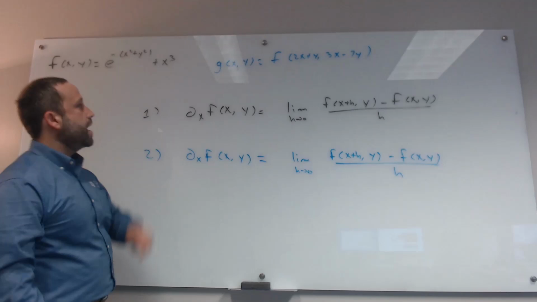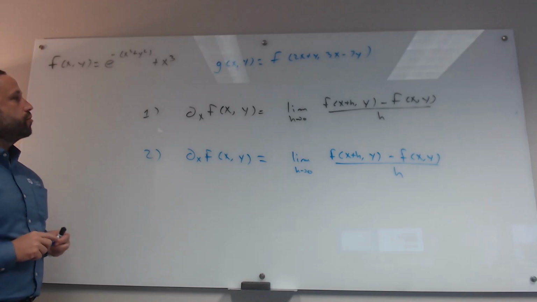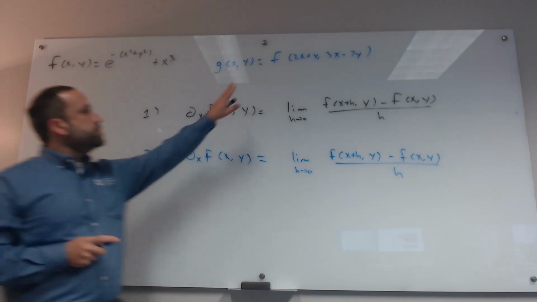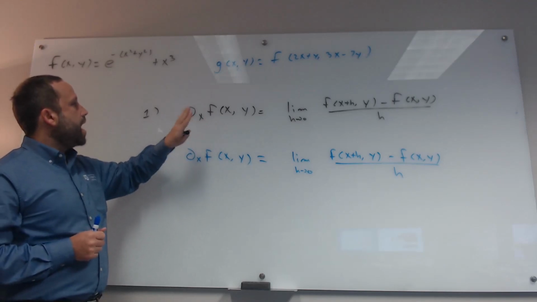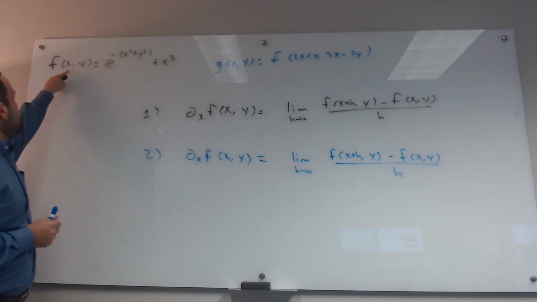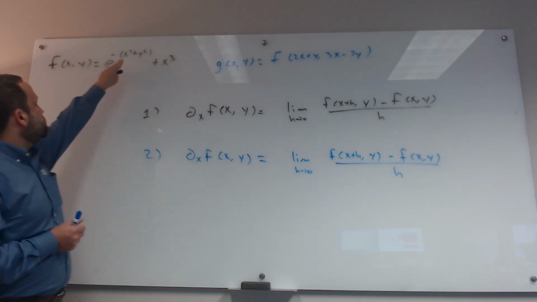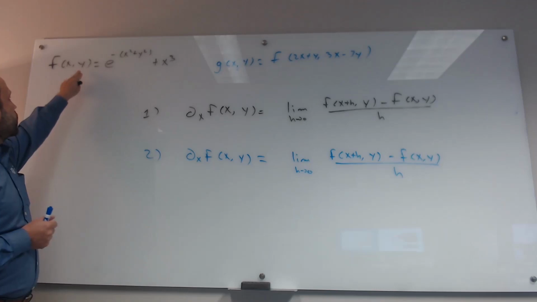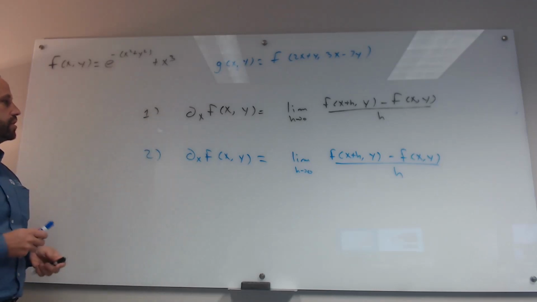So I have my f function defined here. What this means is that whatever goes in that first slot, I'm going to substitute in for x, and whatever goes in the second component, I'm going to substitute for y. That's just what function notation means.